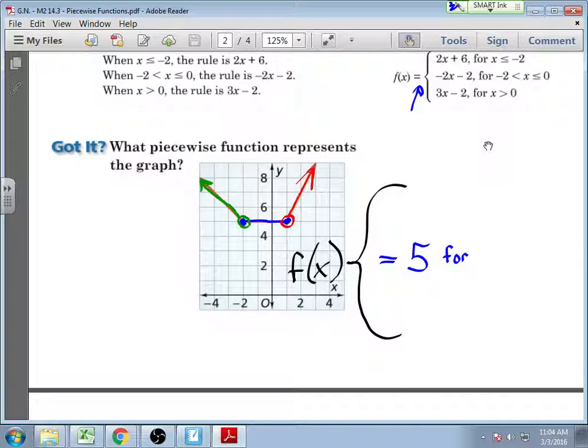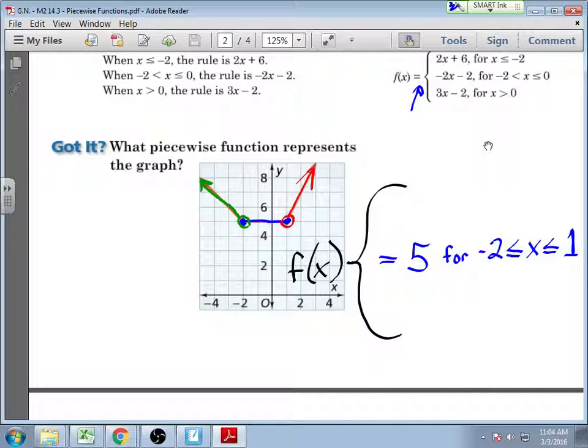I like to do my middle line first, especially in this situation. It's just easier. So I'm going to say I start at -2. I include that point. I include my next point, and I end at +1. So -2 is less than or equal to x, since I included the point.